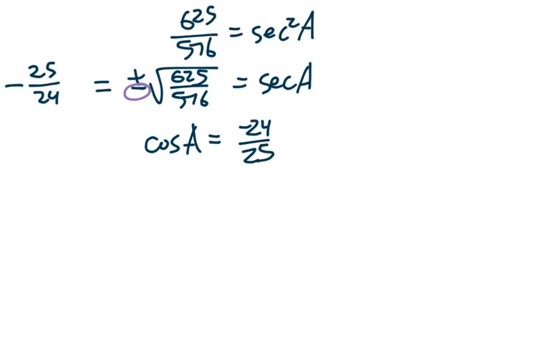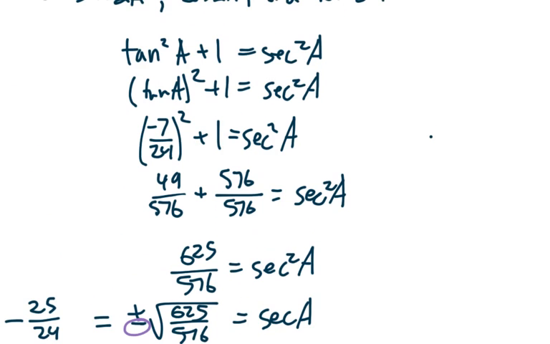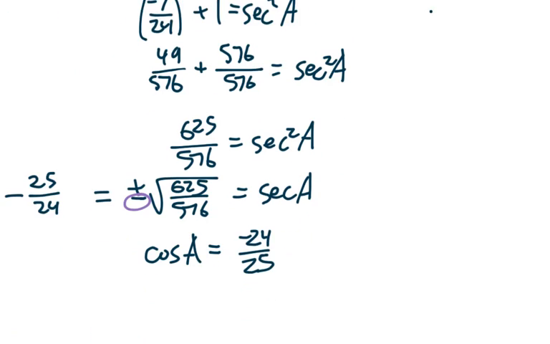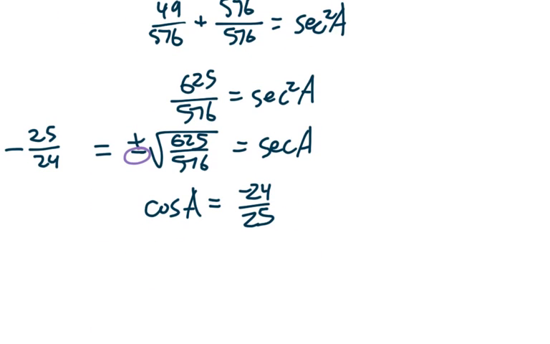Now, if you've got tangent and cosine, you should be able to find sine. You can use the other Pythagorean identity, go from tangent to cosecant to sine, or you can say tangent is sine over cosine. That's probably what I'd do. Or you could take this with the first Pythagorean identity.